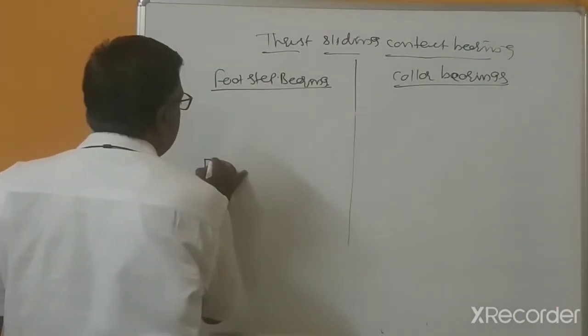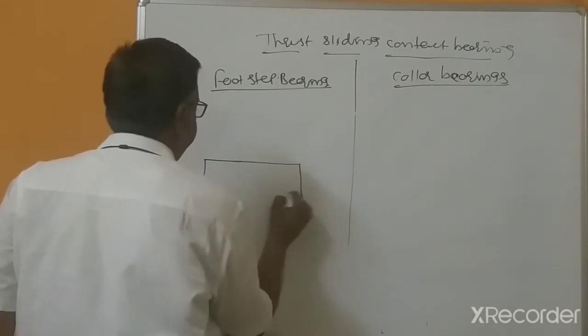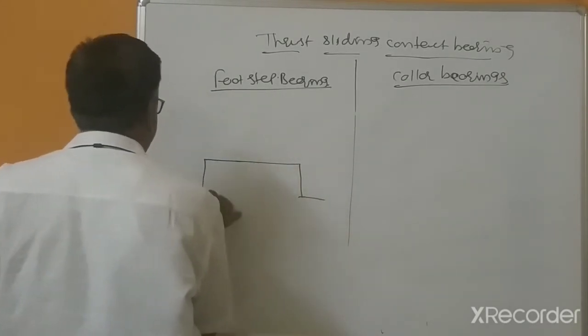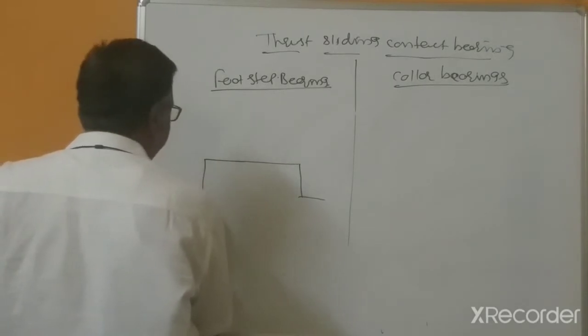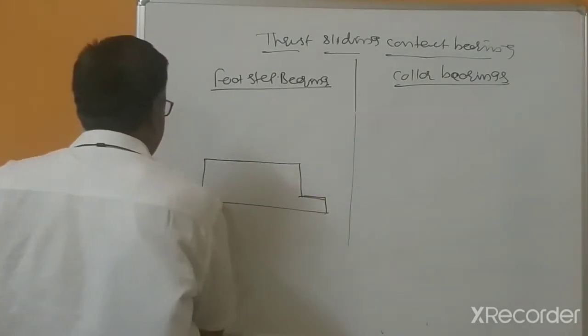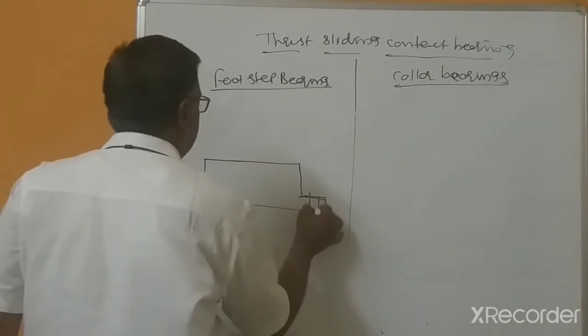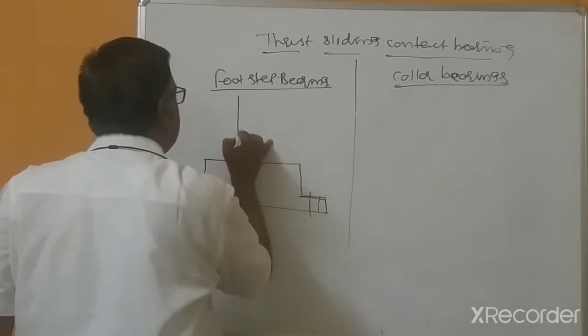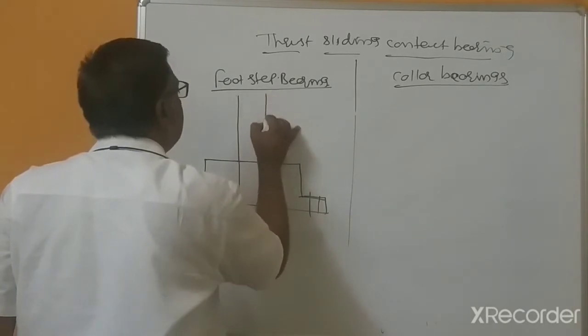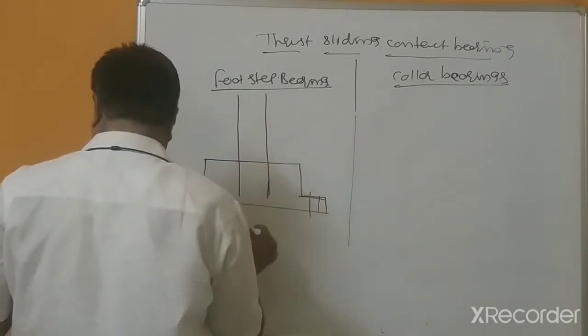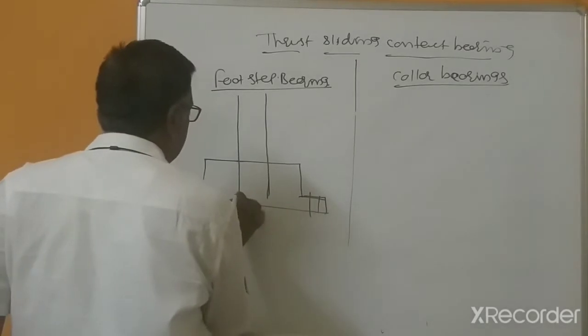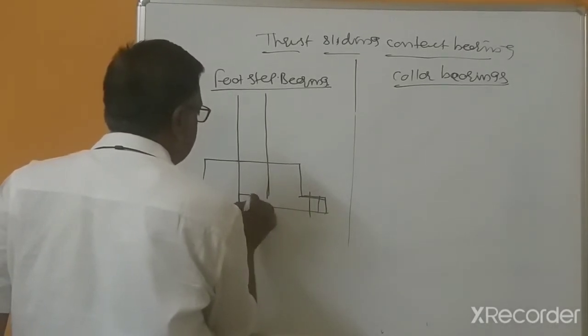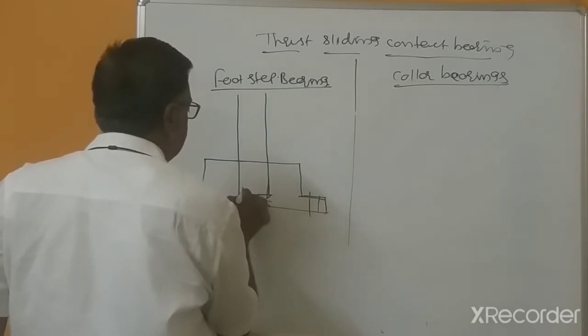suppose this is the bottom of the housing, and this is the shaft. This is the bearing and the shaft.